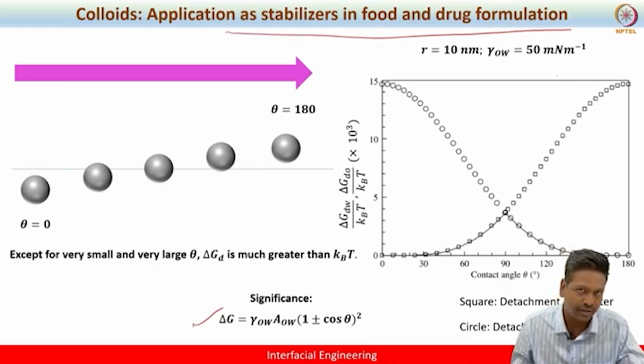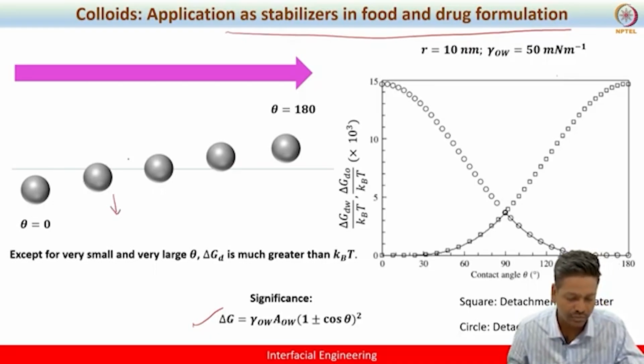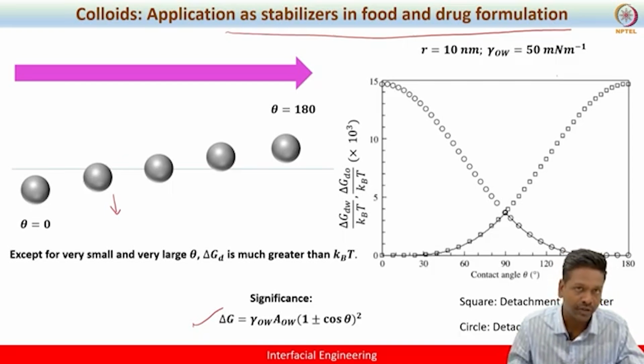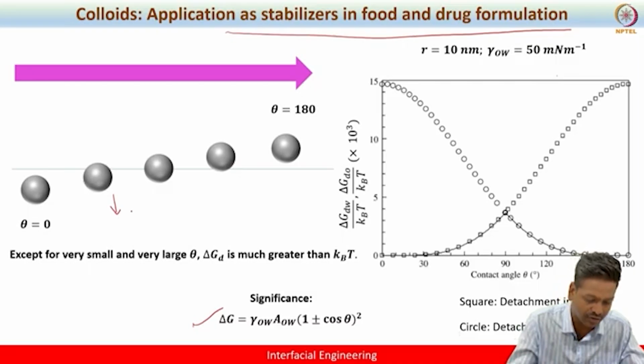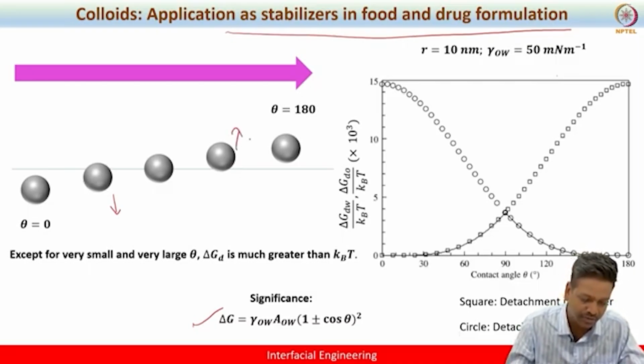What the delta G detachment energy says is that, if the particle is exposed more to the water side, it is more likely that this particle can completely detach into the water side, not the oil side. In this case, since most of the part is exposed to the oil side, when you apply a gentle force, it may be pushed into the oil side, right?